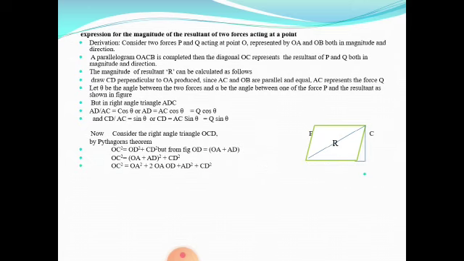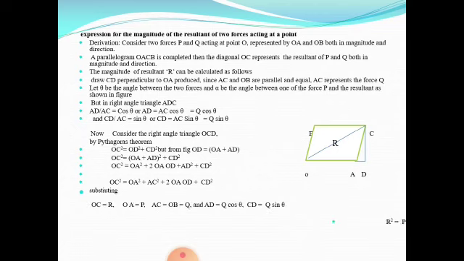Here putting the values of OA, OC as R, and AD and CD, we get R square is equal to P square plus 2PQ cos theta plus Q square cos square theta plus Q square sin square theta. Here R square is equal to P square plus Q square into (cos square theta plus sin square theta) plus 2PQ cos theta.